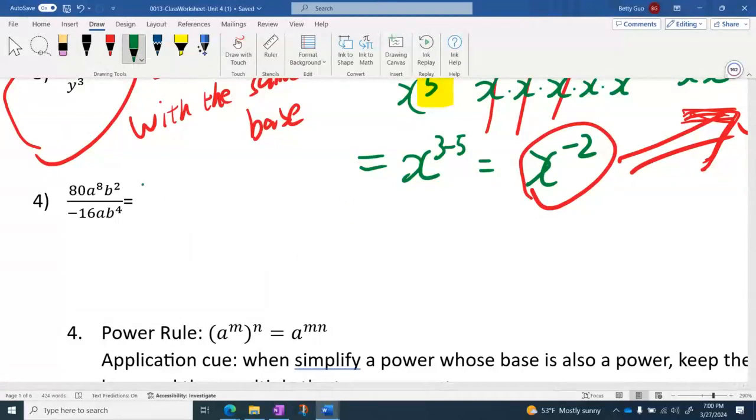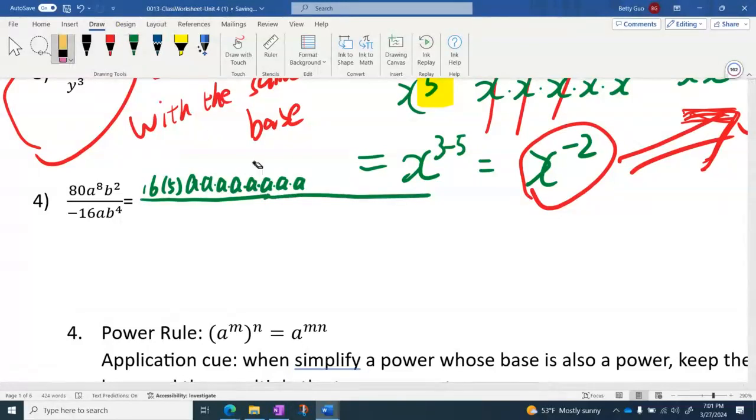The first method takes the longer route, but you need fewer tools. You don't need a lot of tools. So we write 80 as 16 times 5. And a to the power of 8 is 1, 2, 3, 4, 5, 6, 7, 8. Luckily, we don't have 88 a's.